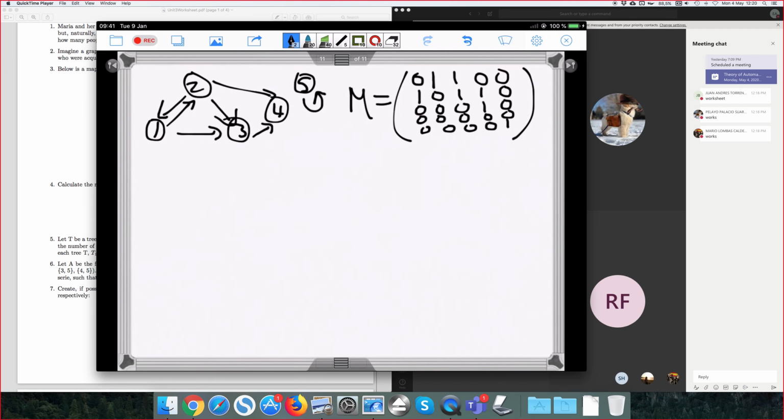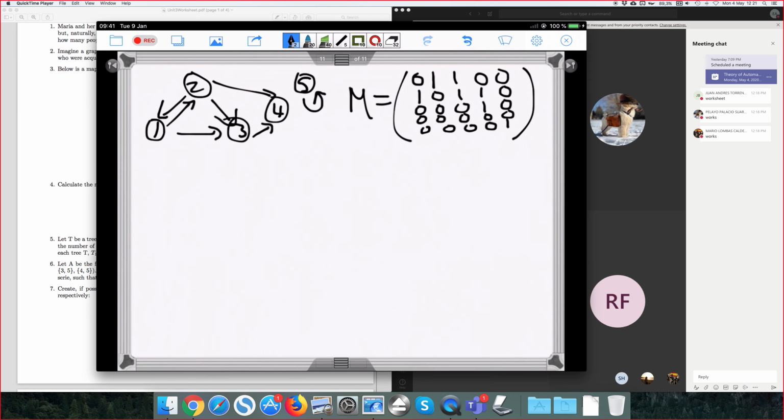Okay, as a sanity check, I can count the number of ones in the adjacency matrix, and that must be exactly the number of edges in the graph, because this is a directed graph. In an undirected graph, each arrow gives rise to 2 ones in the matrix.